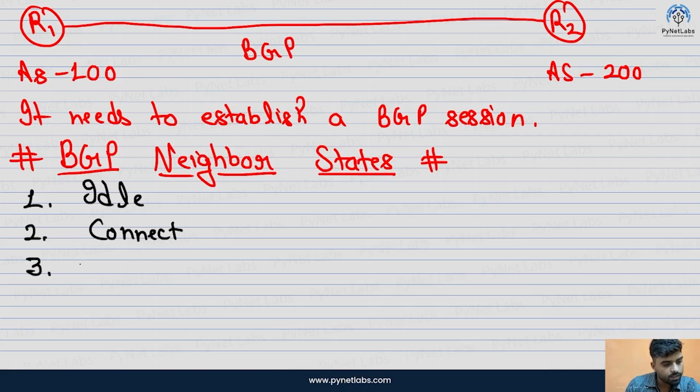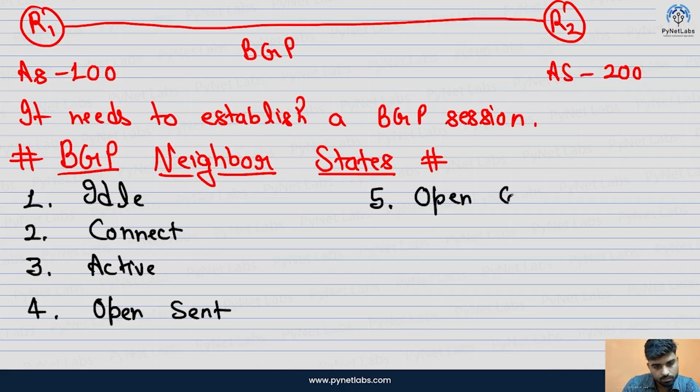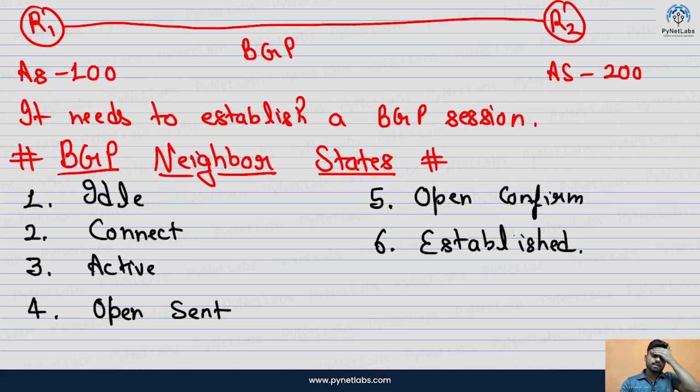After that the third is active, and the fourth is known as OpenSent, and the fifth is OpenConfirm, and the sixth state is established. So these are the 6 states. Your router needs to go through these 6 states in order to form the BGP session. Let's understand each state one by one.